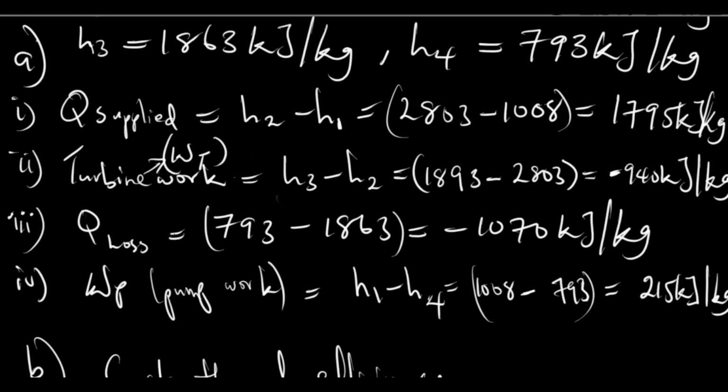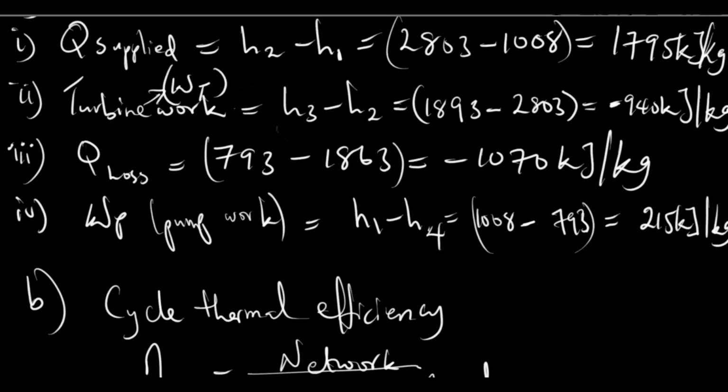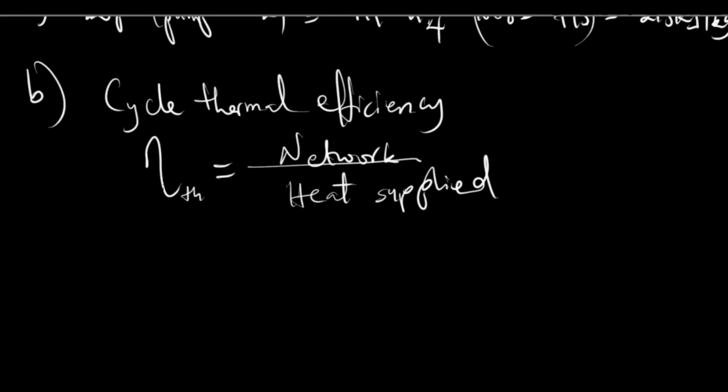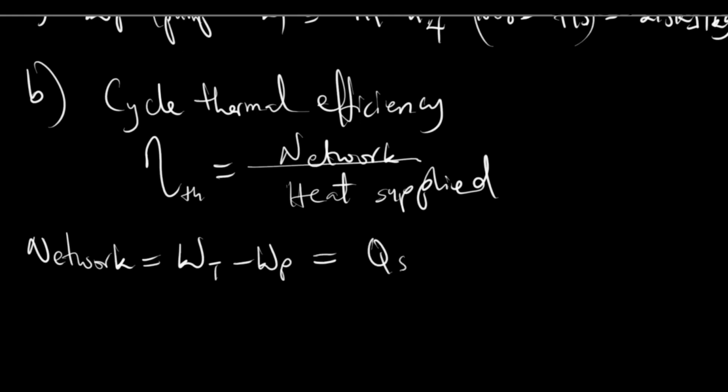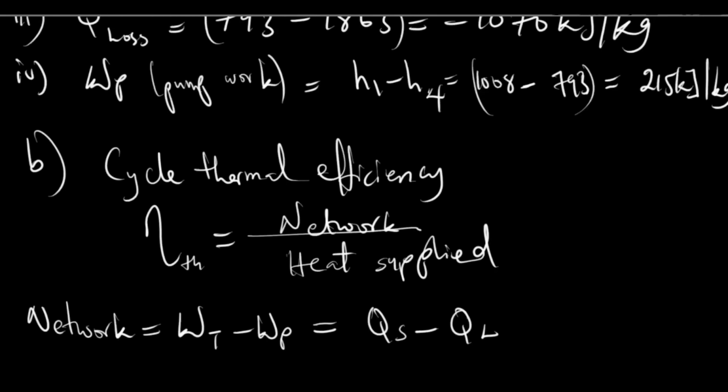If they are not equal, then you have failed. So they have to be equal to make your process correct. So let's check if ours is equal. Net work, which is Wt minus Wp, must be equal to Qs minus Ql. Now let's see if this is true.